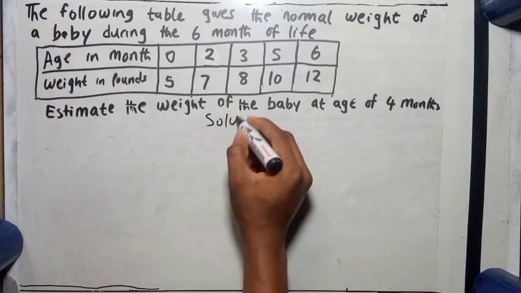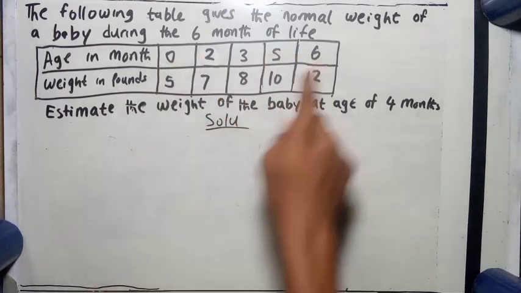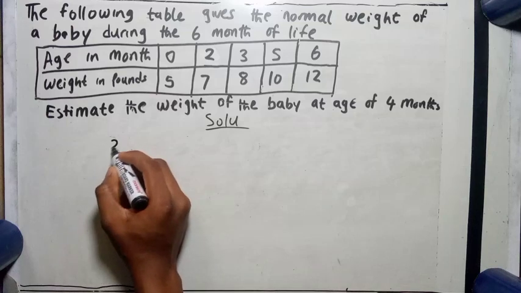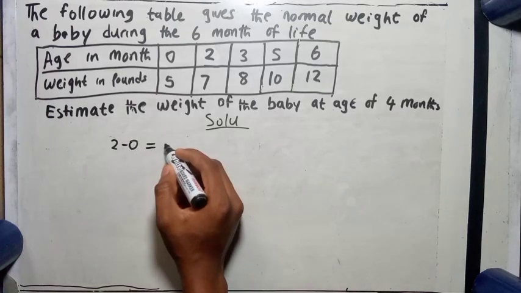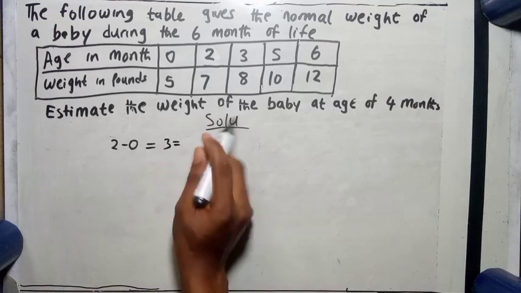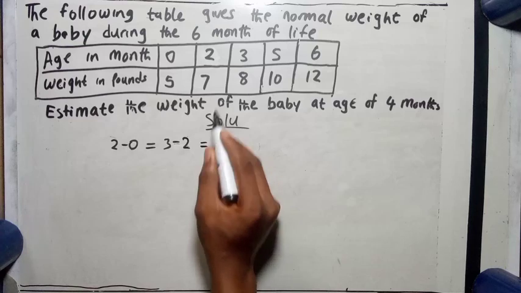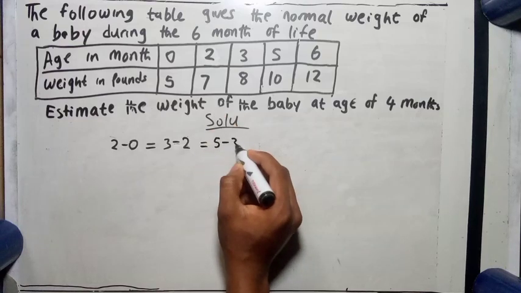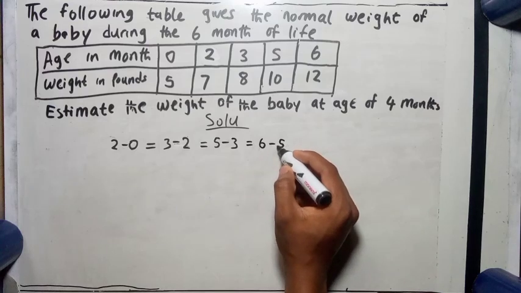Now we are using Lagrange's method because of what? The intervals here are not what? Equal. So we have 2 minus 0, is it going to be equal to 3 minus 2? It's also going to be equal to 5 minus 3 and 6 minus 5.